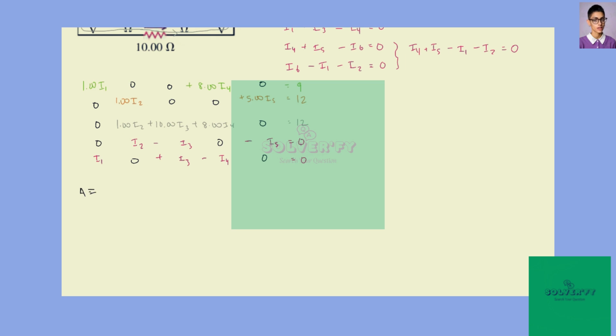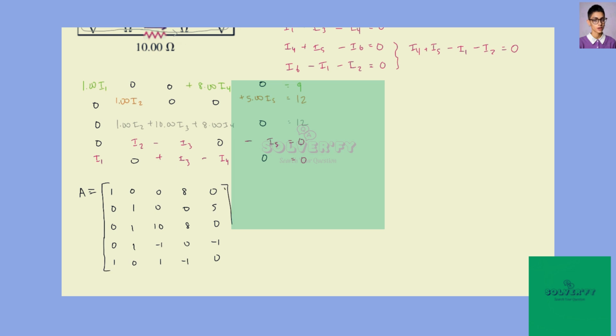So we'll set up what we call matrix A, which is our coefficients. 1, 0, 0, 8, 0. Next row, 0, 1, 0, 0, 5. 0, 1, 10, 8, 0. 0, 1, negative 1, 0, negative 1, and last 1, 0, 1, negative 1, 0.